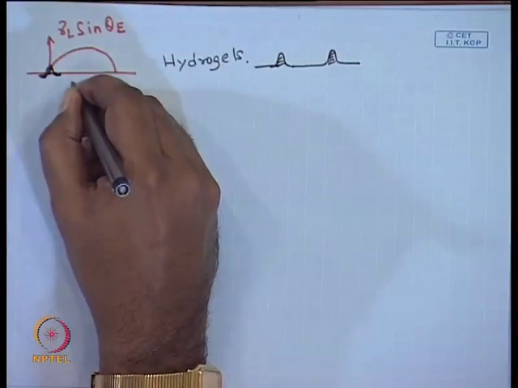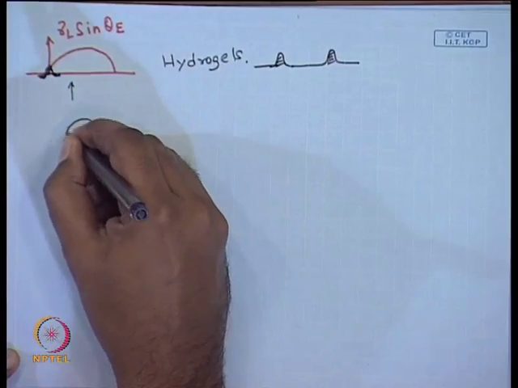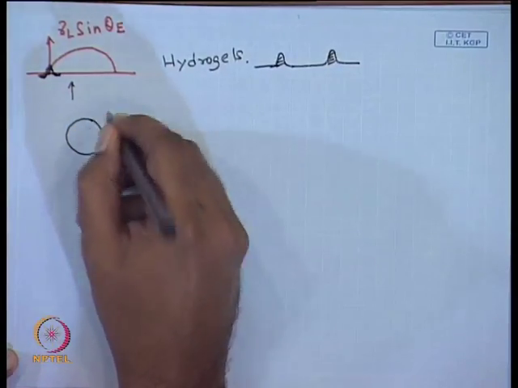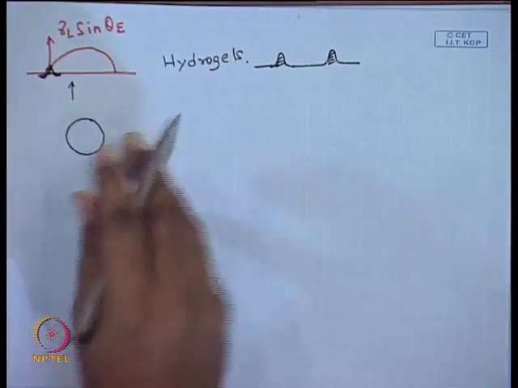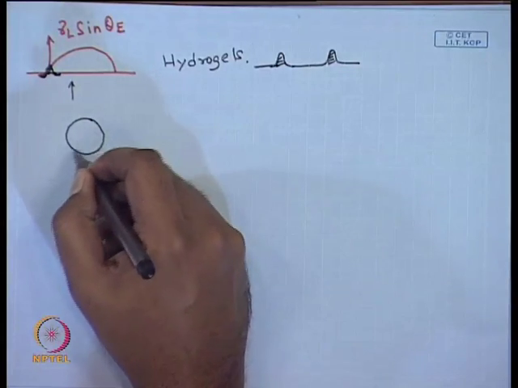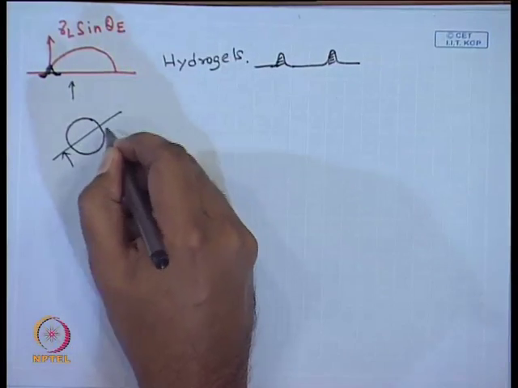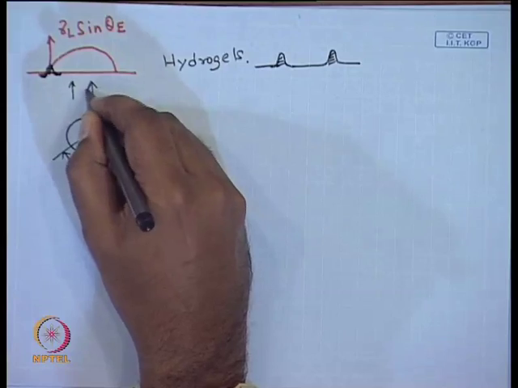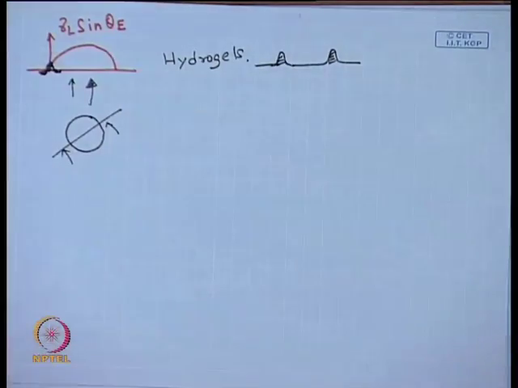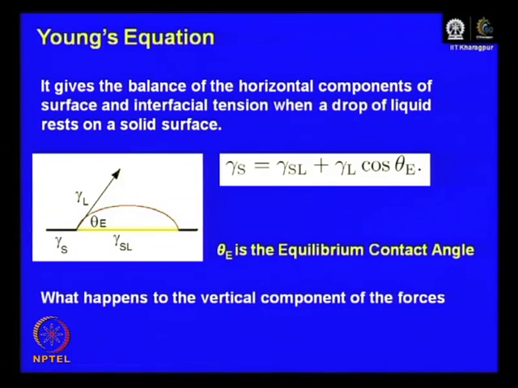Now, if you see this figure from the top, it is actually part of a sphere. This is a liquid droplet, and if you take the section like this, it corresponds to this. This is something very simple, and many of us probably know it, and we will discuss certain aspects of Young's equation in detail.